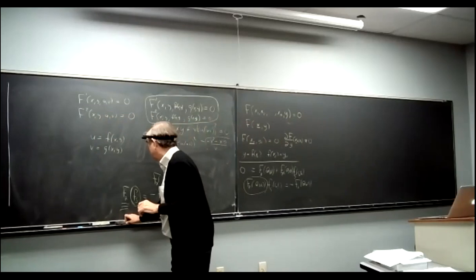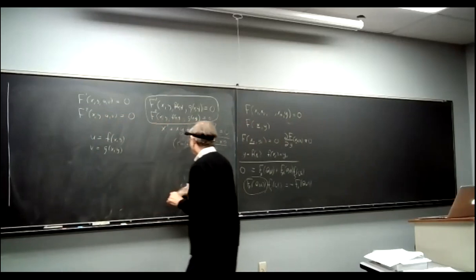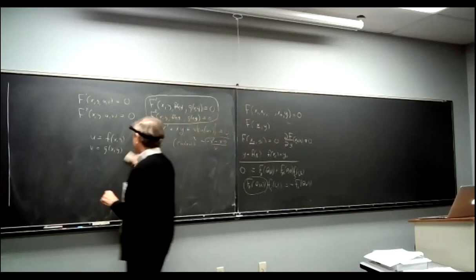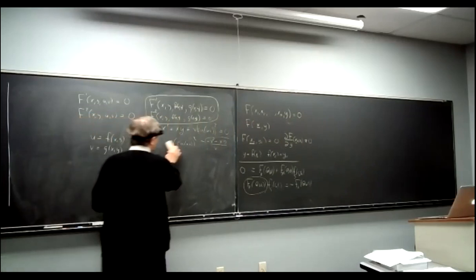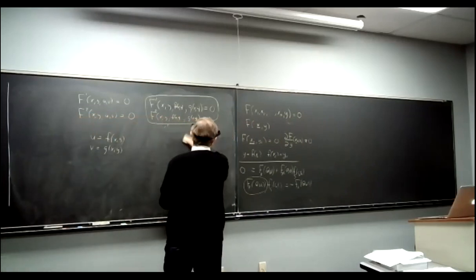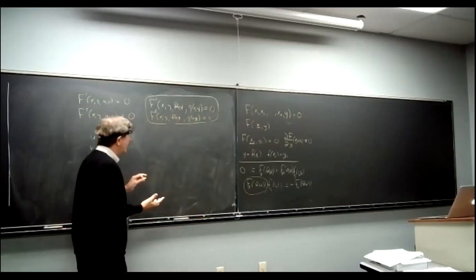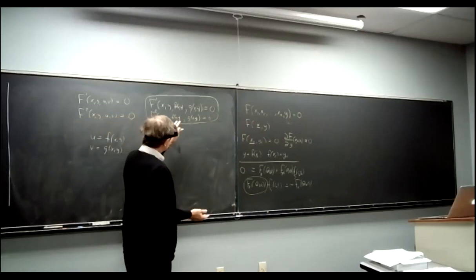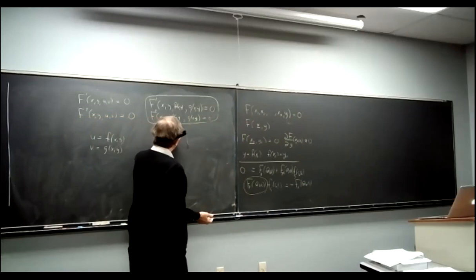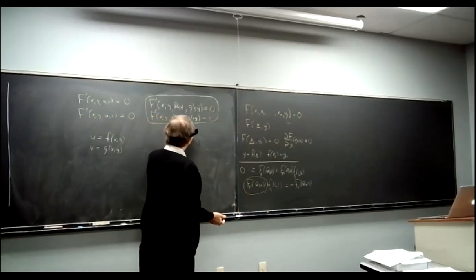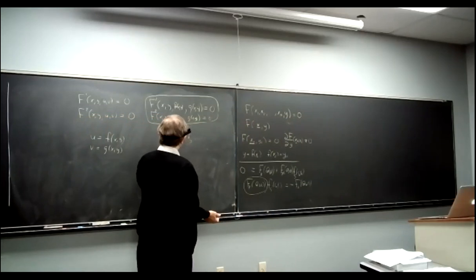So the question is, again, if I'm trying to discover what assumptions do I make to be able to do such a thing? Well, it turns out that it has to do with something that we're going to talk about.